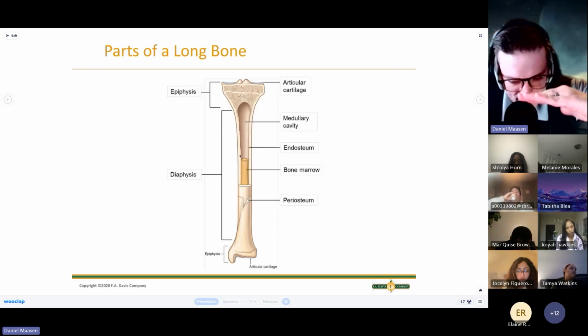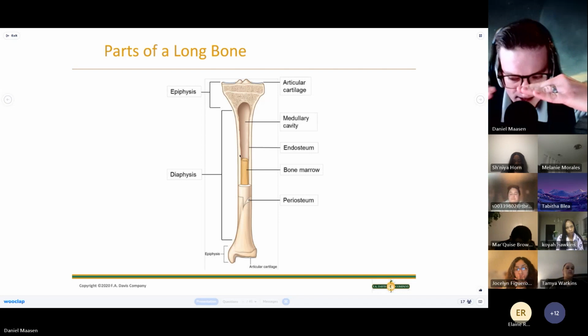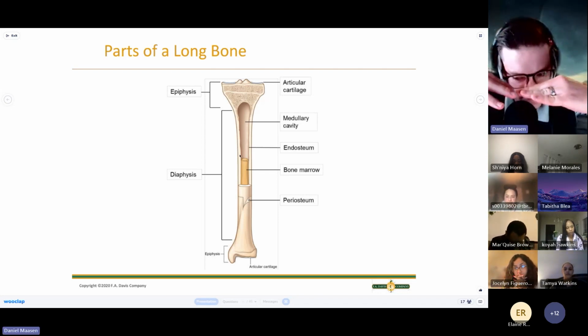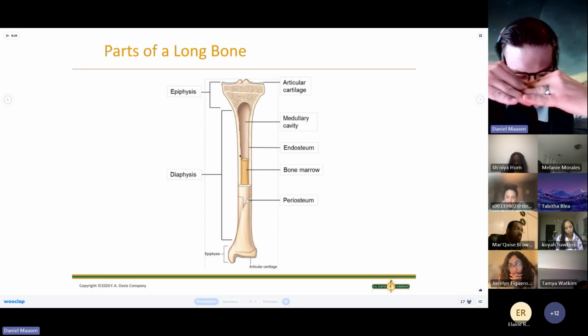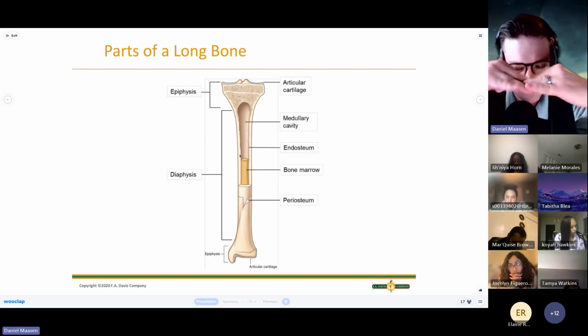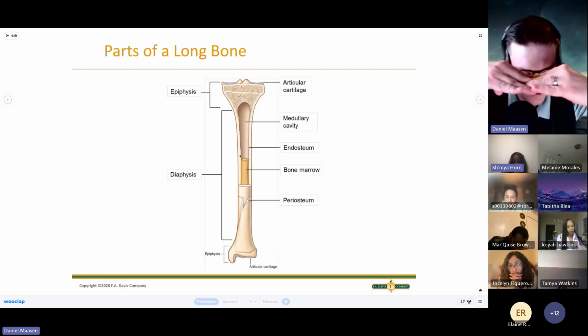So if you imagine that my hand here is the membrane on the outside of the bone, when I have a tendon or ligament that needs to attach to it, now I can intertwine the fibers of this membrane, the periosteum, with the fibers of my tendon or ligament, and now I have a connection point.